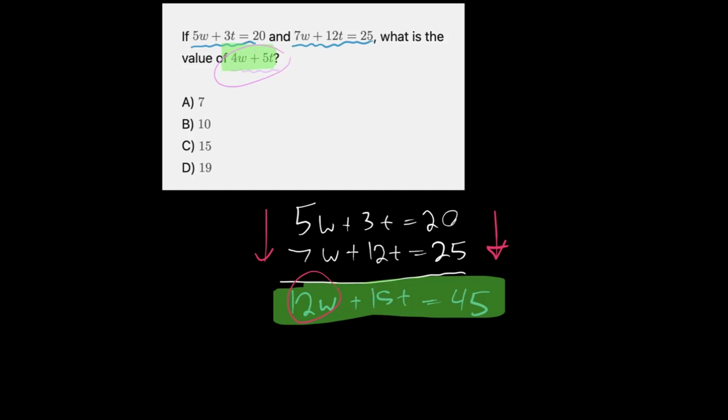So let's divide everything by 3. 12w divided by 3 is 4w, 15t divided by 3 is 5t, and 45 divided by 3 is 15. So what's 4w plus 5t equal to? It's equal to 15, and so our answer on this question would be 15.